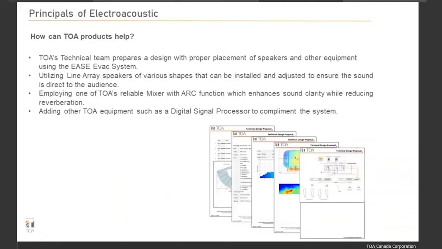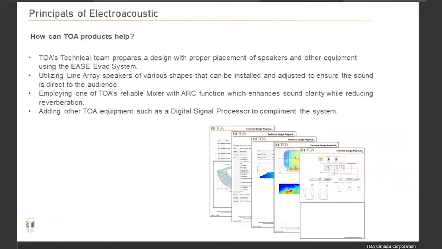So how TOA products can help: as I just mentioned, our technical team prepares a design with the proper placement of speakers and other equipment using what's called the EASE EVAC system or EASE Focus. We use EASE Focus for line array speakers of various shapes that can be installed and adjusted to ensure the sound is directed to the audience.